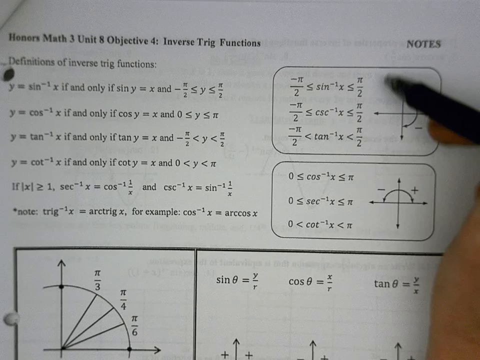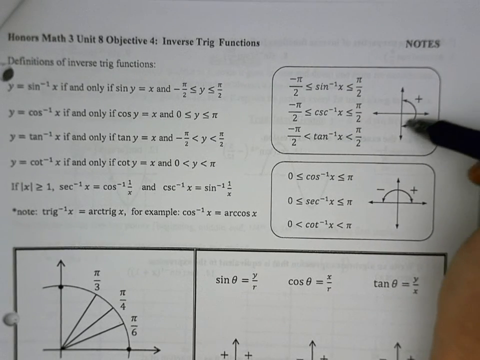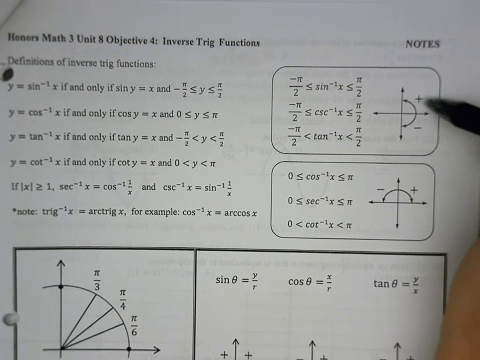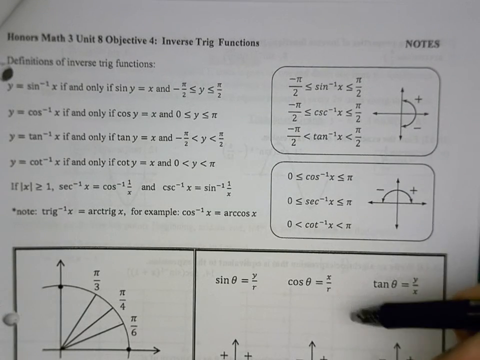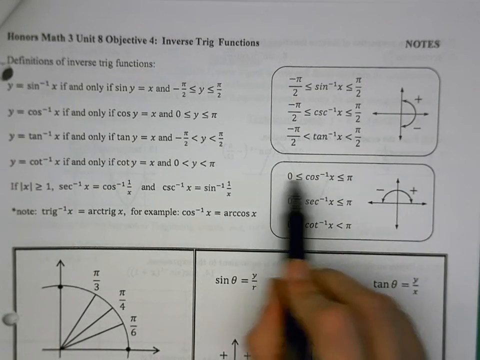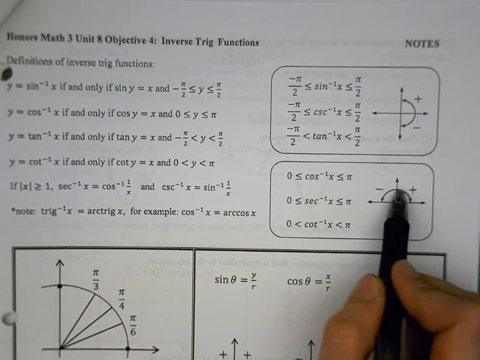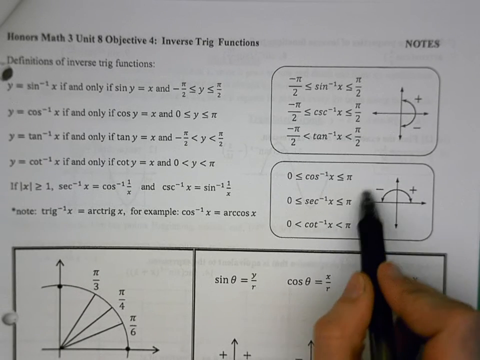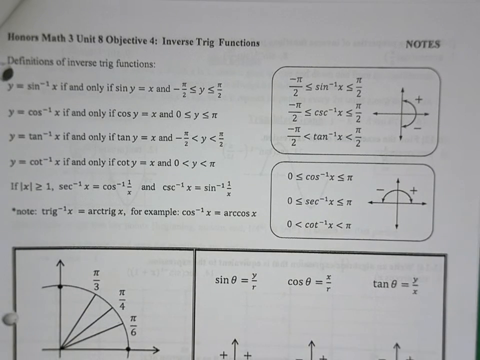We'll name values specifically between negative pi over 2 and 0 if the number we are trying to evaluate is negative. And we'll be naming values between 0 and pi over 2 if our number is positive. Cosine, secant, and cotangent, we are again naming between 0 and pi for these. We're going to specifically name between 0 and pi over 2 if our value is positive that we are evaluating, between pi over 2 and pi if our value is negative that we are evaluating.